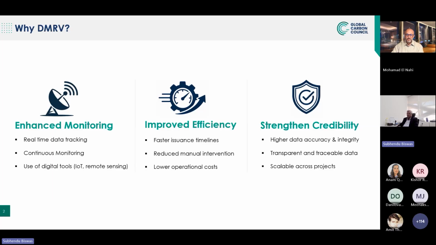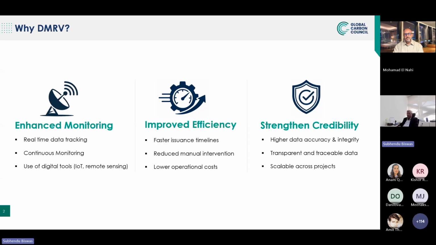It helps in continuous monitoring of the project, which builds stakeholder confidence in what's happening with the projects. DMRV is now even a part of deployment in certain sectors like NBS because of eventualities like reversals, which can be tracked using DMRV components.